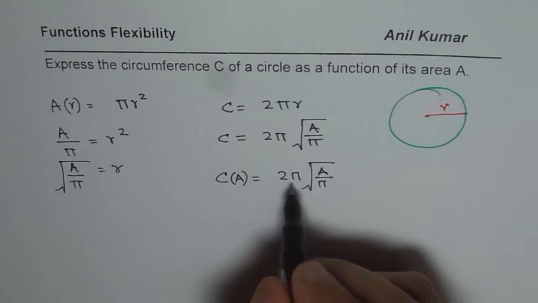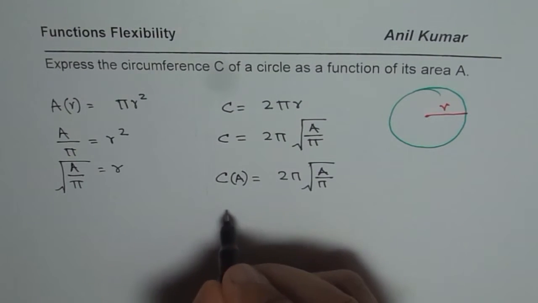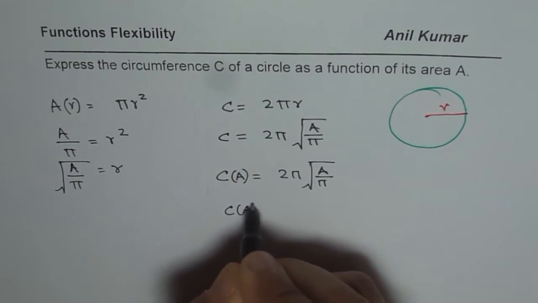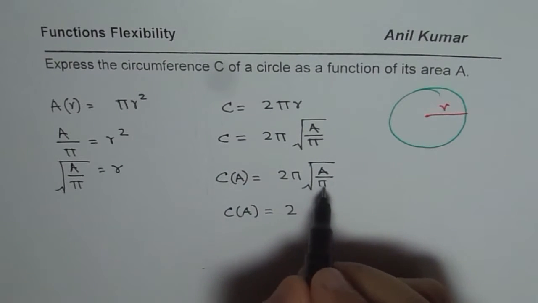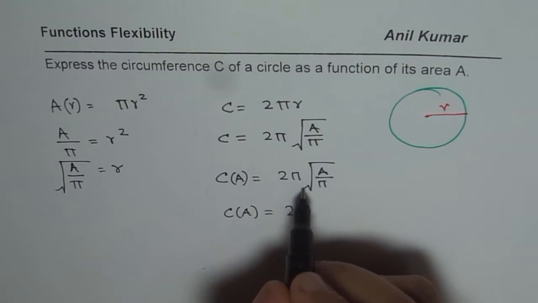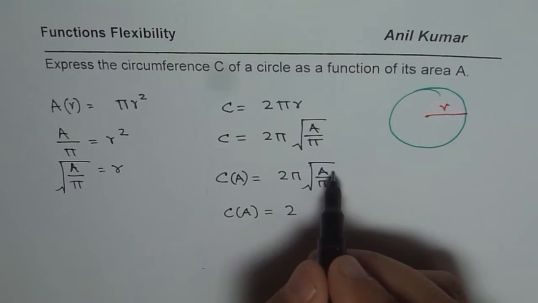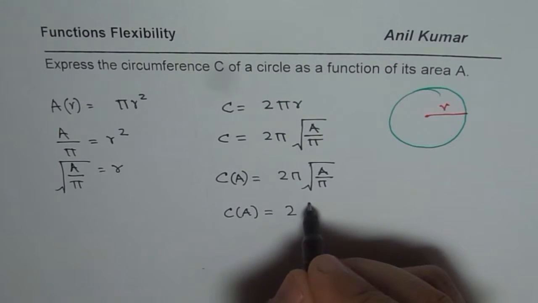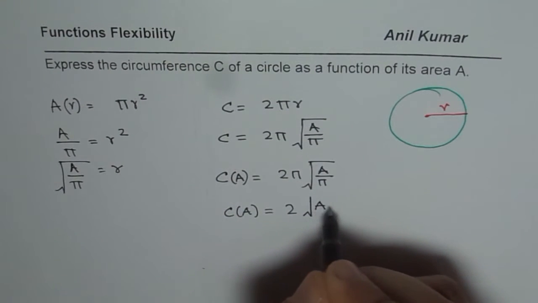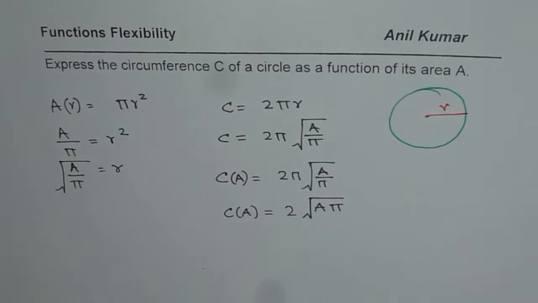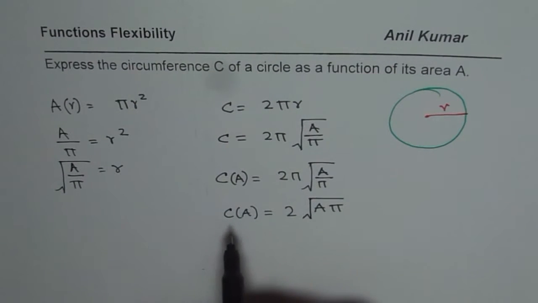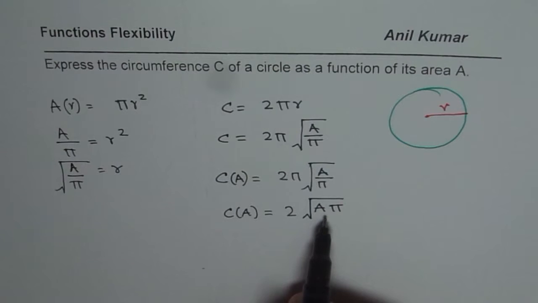If you simplify, you could also write this formula as circumference as a function of area equals 2, taking square root pi over square root pi, or you can take this pi inside, it becomes square, and then cancel with this pi. So you get 2 square root of area times pi. So both these formulas could be used as circumference in terms of area, correct?